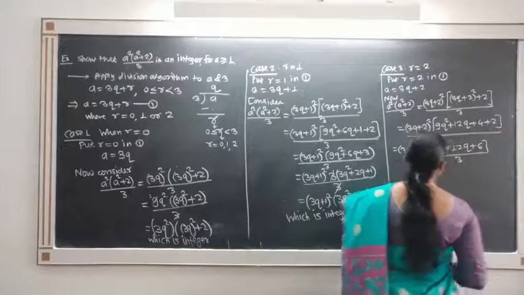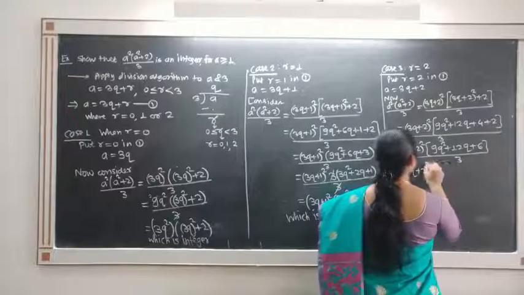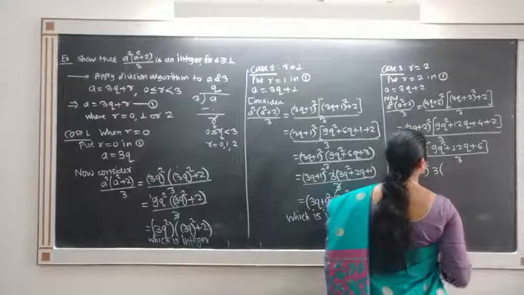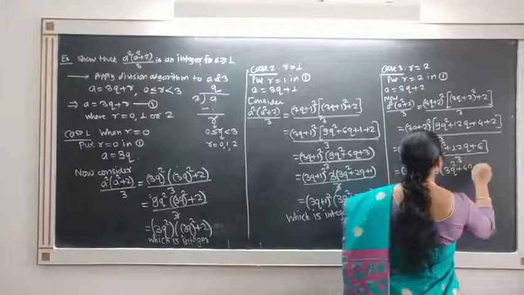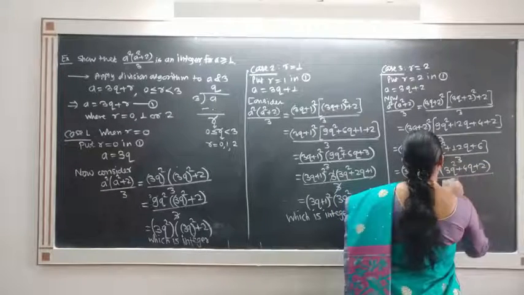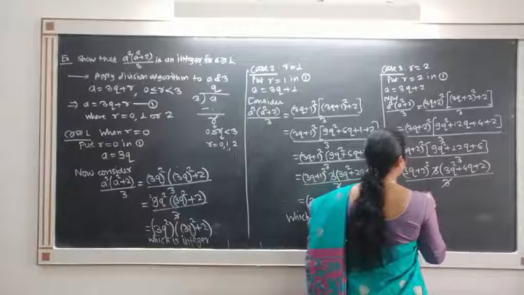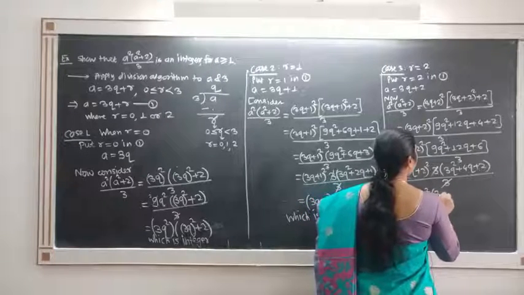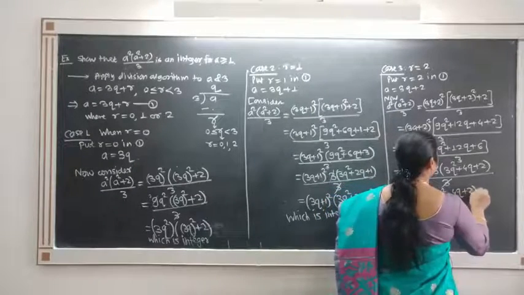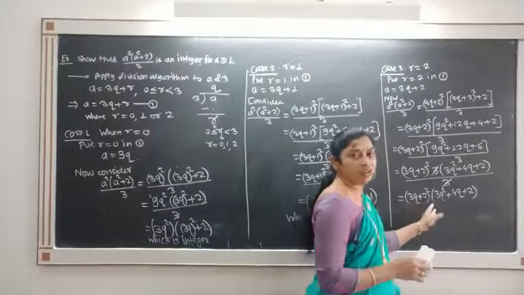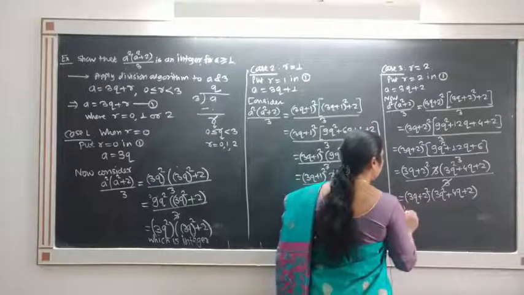Take 3 common from the second bracket. It is (3q plus 2) square into 3 common, which leaves 3q square plus 4q plus 2, upon 3. And these 3s get cancelled. It is nothing but (3q plus 2) square into 3q square plus 4q plus 2. Because both are integers and the product of integers is again an integer, this is an integer.